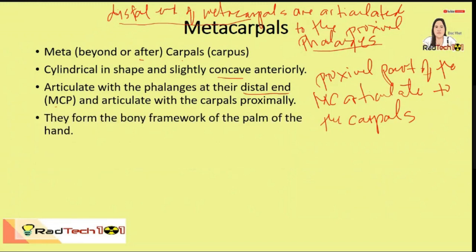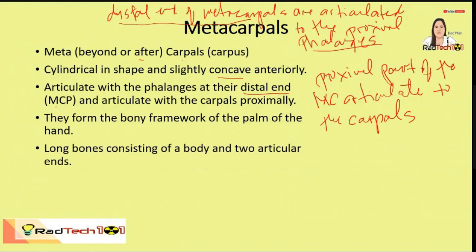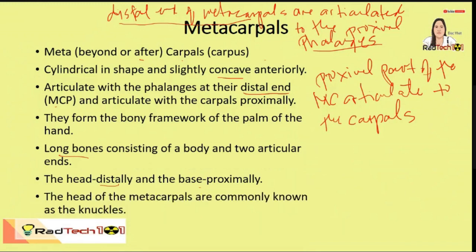They form the bony framework of the palm of the hand, and they are also long bones just like your digits, consisting of a body and 2 articular ends. The head is distal, the base is the proximal part of your metacarpals. The head of the metacarpals are commonly known as your knuckles.